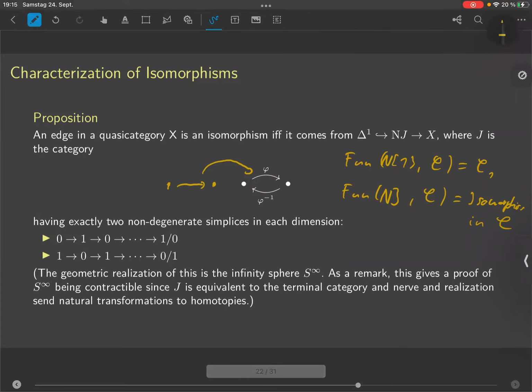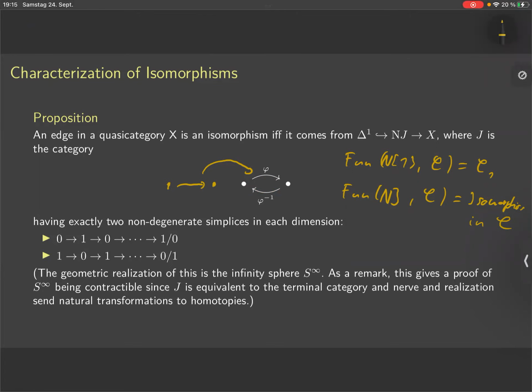And a little remark here, actually, the geometric realization of the nerve of J is actually the infinity sphere. So this is maybe interesting, and these two simplices here always give the lower and upper hemispheres in all the dimensions of the infinity sphere.